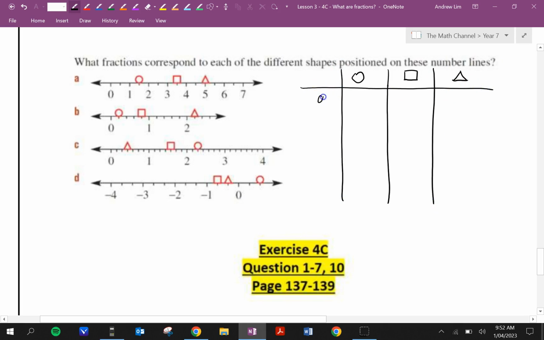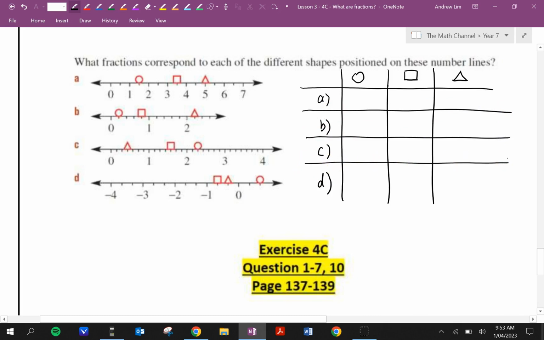So we've got question A, question B, C, and D. All right. So I'm going to do question A. Actually, no, I'll get you to pause the video, see if you can have a go with this, and then you can continue playing the video to check your answers.